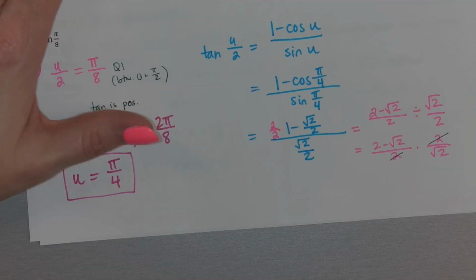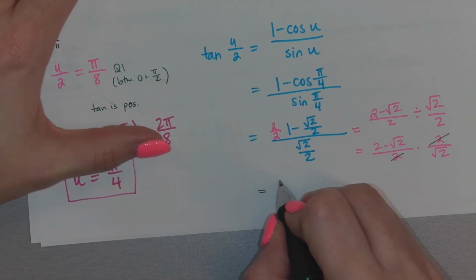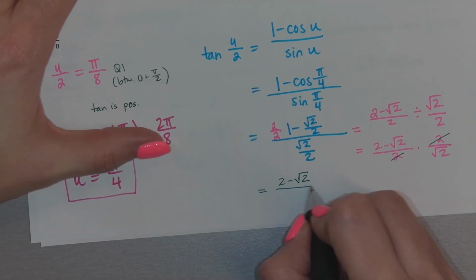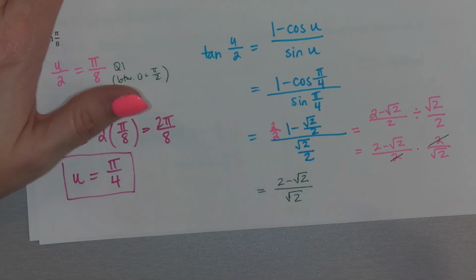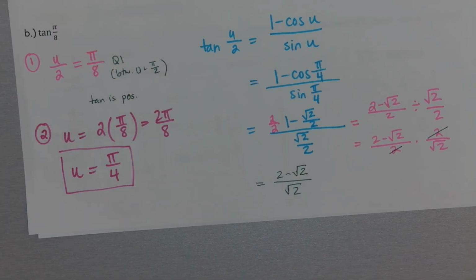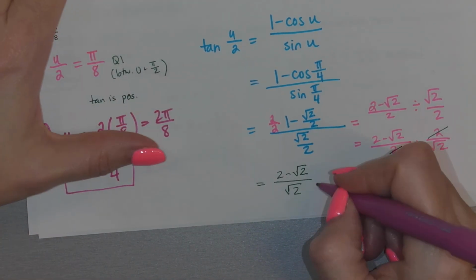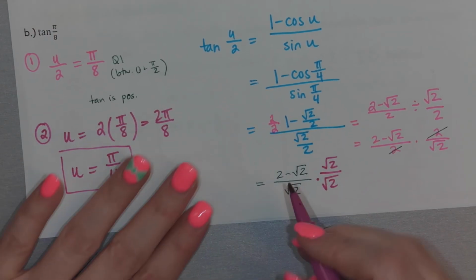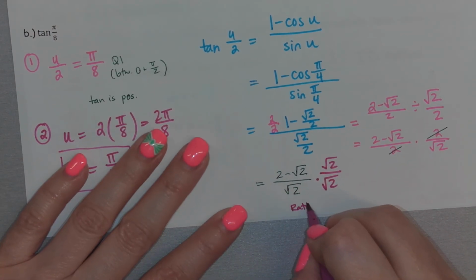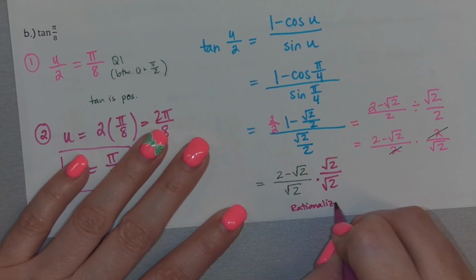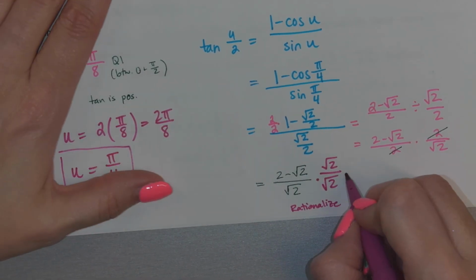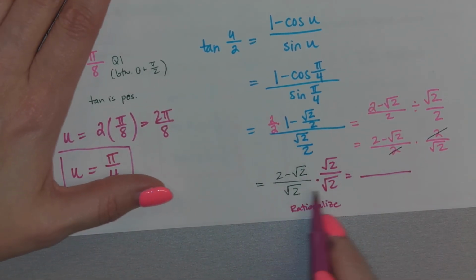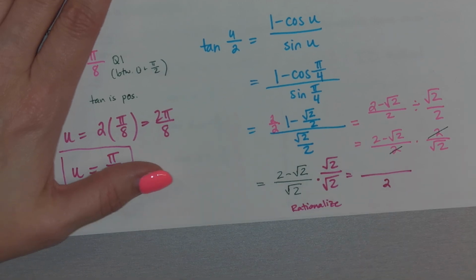Okay, so the 2's are going to cancel, but now I have a radical in the denominator. I can't keep that, so I have to rationalize. Okay, so if you rationalize, root 2 times root 2 is 2.